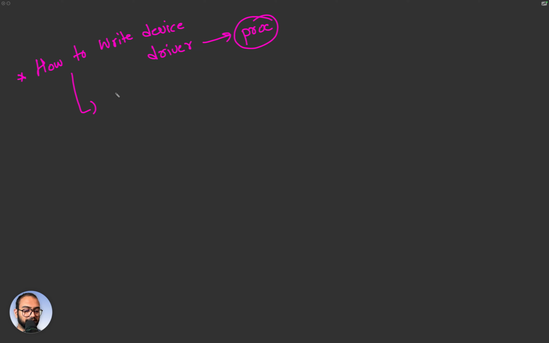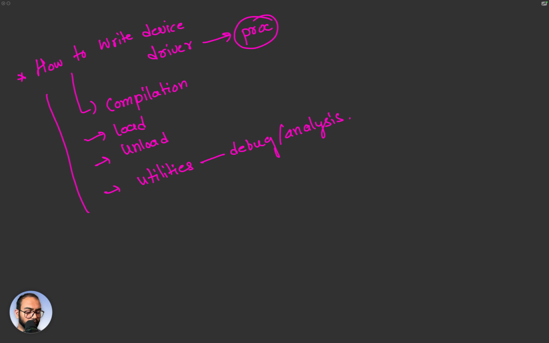Then as part of writing this, we understood the compilation process, how the module gets compiled. Then we saw how to load the module, unload the module, right? And then we looked at other utilities that help with debug and analysis. We looked at all of that.